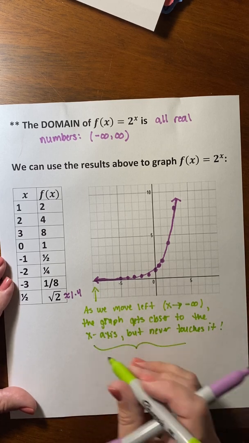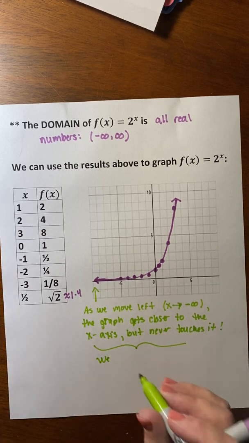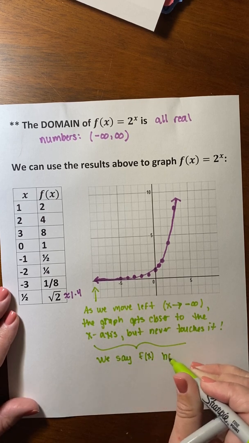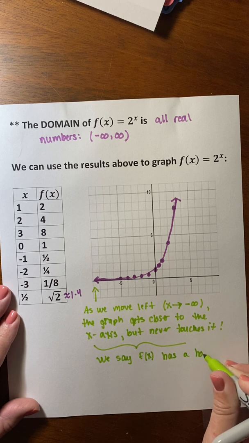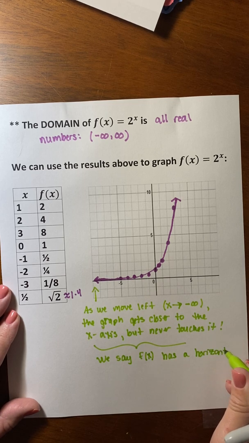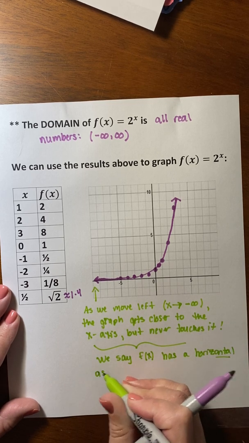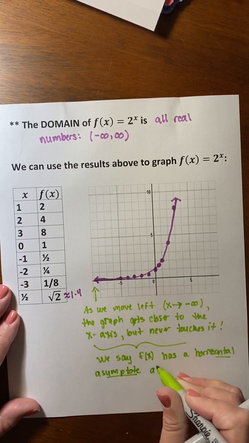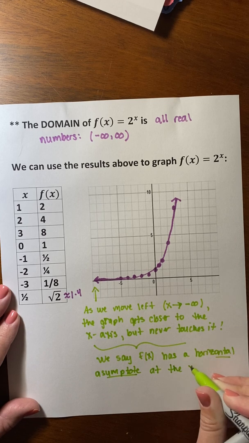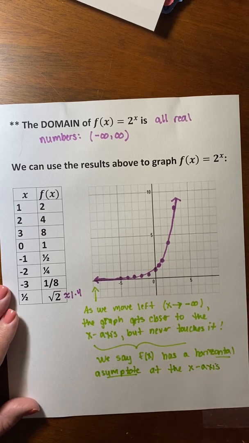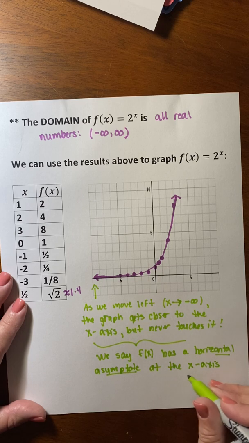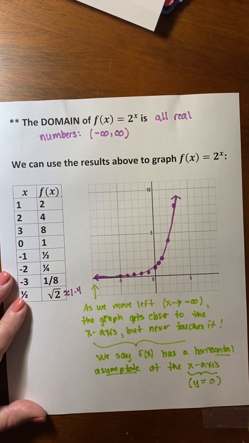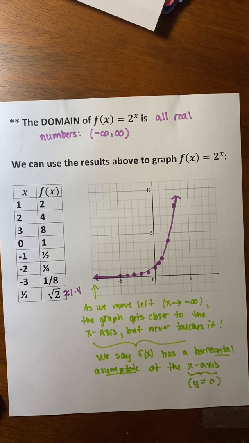When this happens, we say the function f of x has a horizontal asymptote at the x-axis. Asymptotes don't have to be at the x-axis, but in this case it is the x-axis. And just a friendly reminder, the x-axis is equivalent to the horizontal line y = 0.